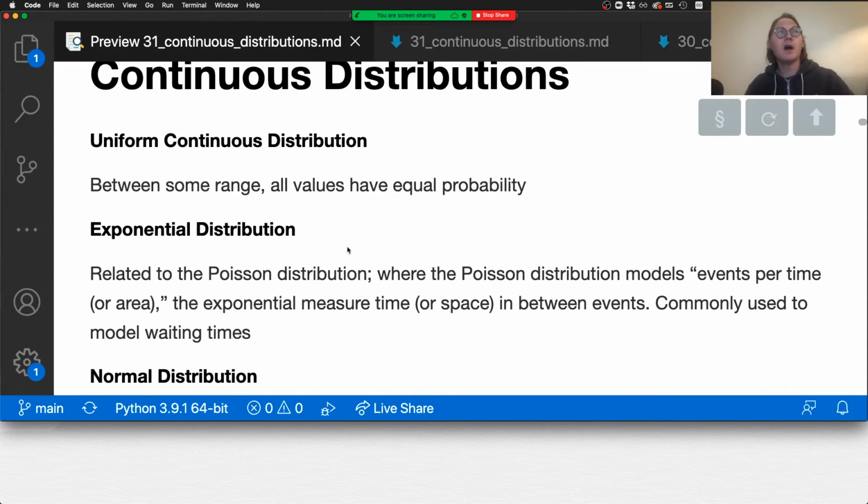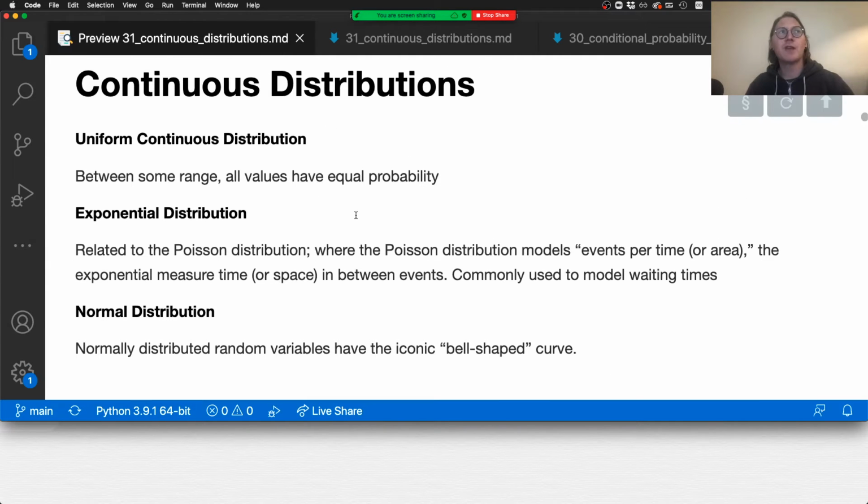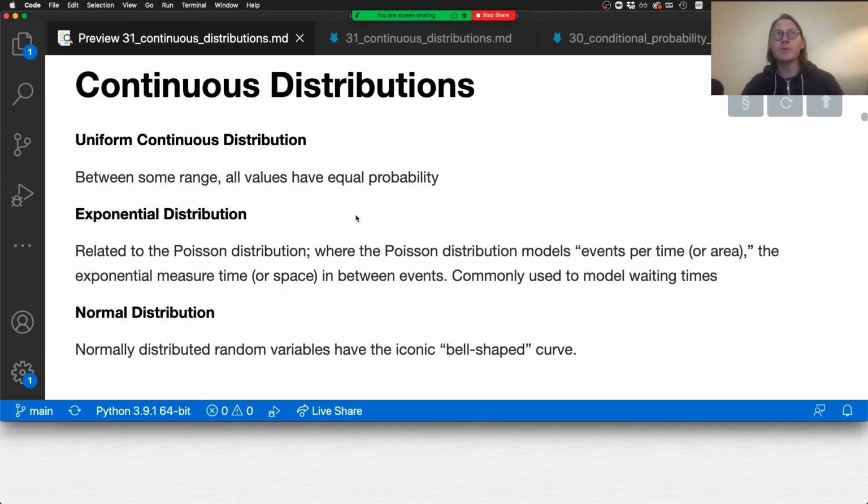So we talk about three continuous distributions in this course. We talk about a uniform continuous distribution, and we've already seen a discrete uniform distribution, right? We've seen that with rolling a die: 1 or 2 or 3 or 4 or 5 or 6, each of those has equal probability of occurring.